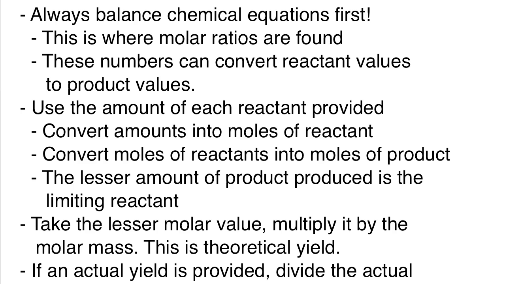So when we discuss molar ratios, they are not grams converted to moles and then compared to something else. Molar ratios are the coefficients, the large numbers, used in balancing the equation. That tells me how many moles of one compound can lead to or be used with how many moles of another compound. All right? Now, these molar ratios can convert reactant values over to product values.